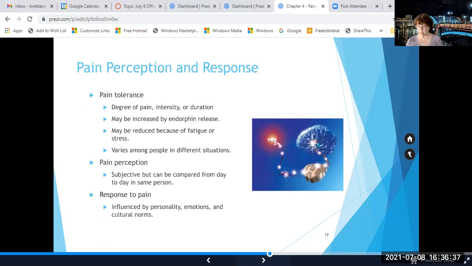So the central nervous system is hyper aware. The way I say it is your normal pain response is like your home alarm. It goes off and there's some response to it. If your alarm keeps going off, your neighbors are going to say, what is wrong with that house?